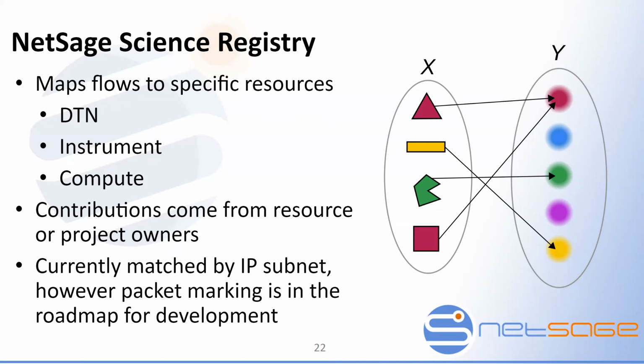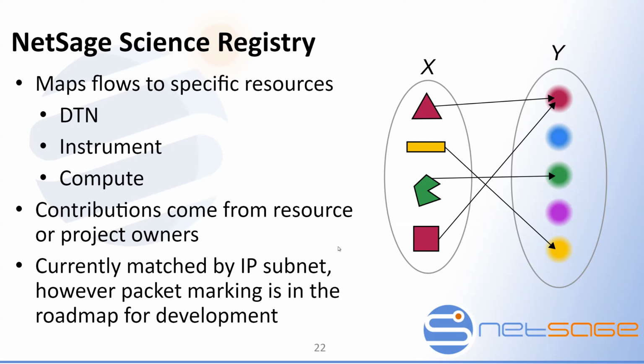Basically, it's kind of like DNS, but for resources. So we know that this specific IP range represents a compute resource or a DTN cluster or any number of things. And then we can put that into the science registry and we can tag the data with it while it's in the pipeline. And again, this is all contributed by end users.